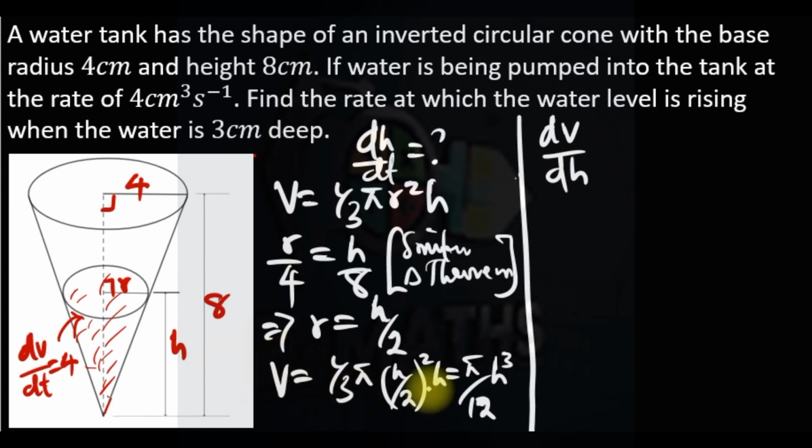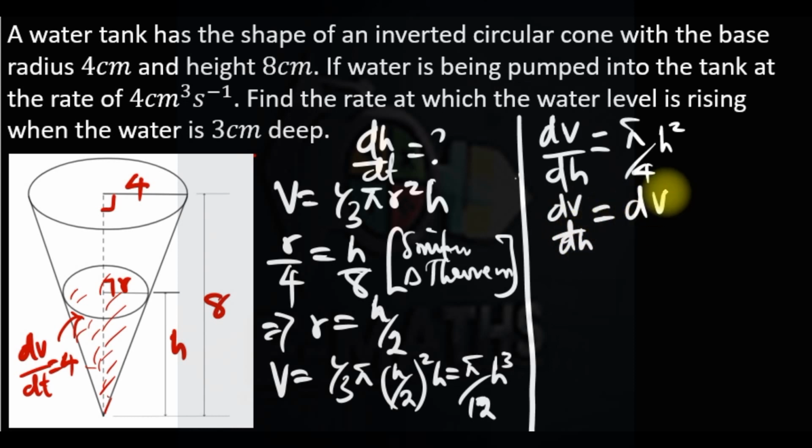Yes, because the volume is now written in terms of h. So dV over dh, we differentiate this: 3 times that, this is pi over 4 h squared. From here you can see that dV over dh is the same as dV over dt times dt over dh.